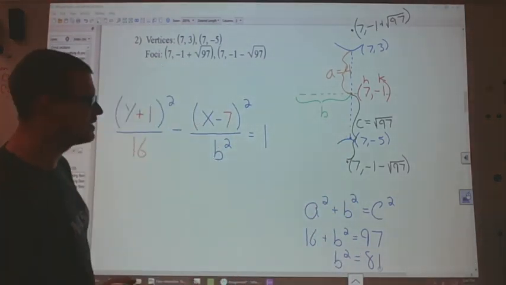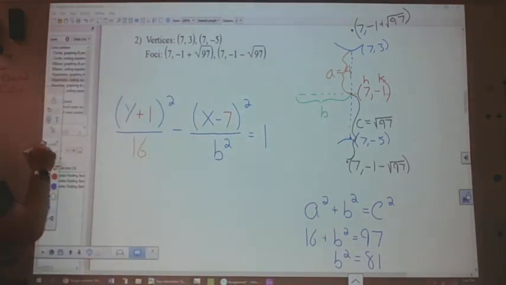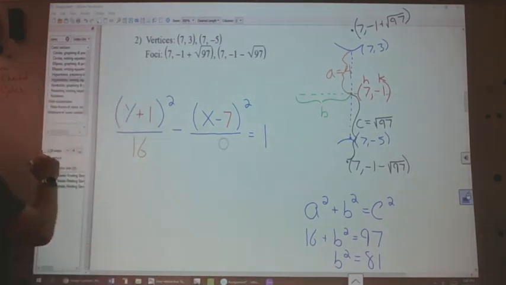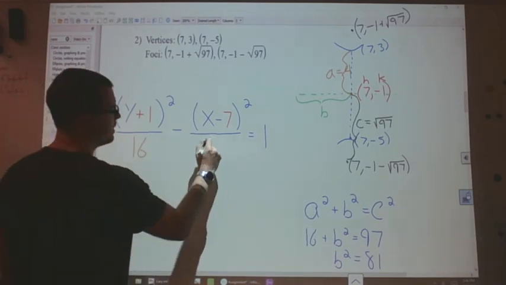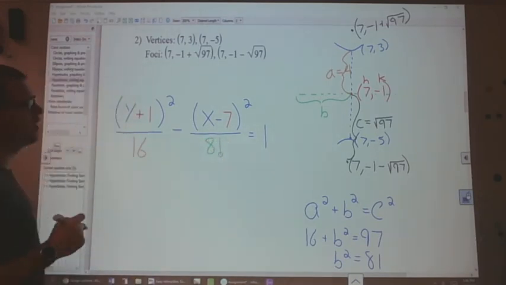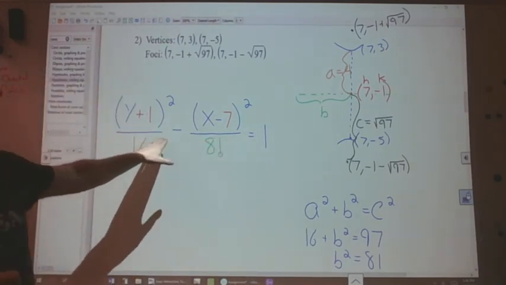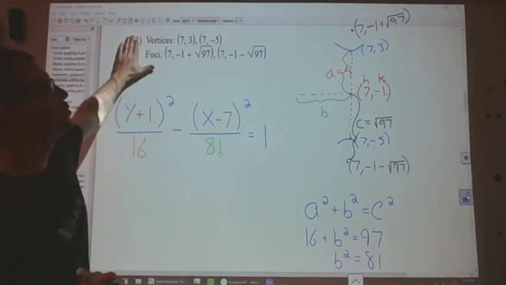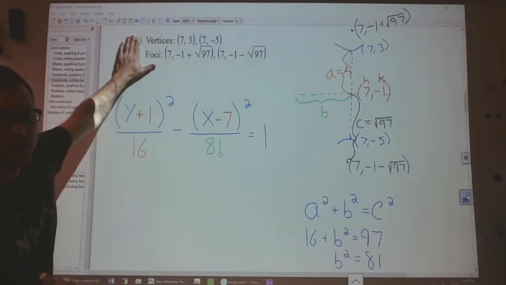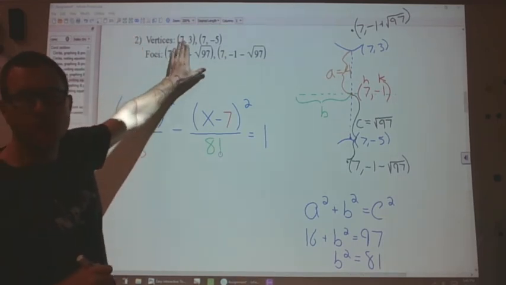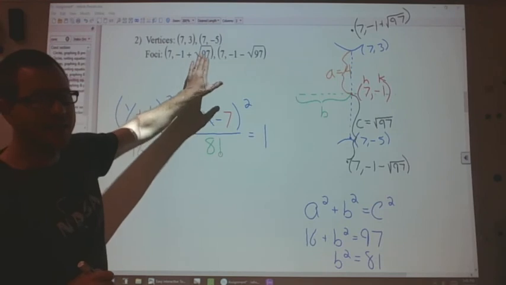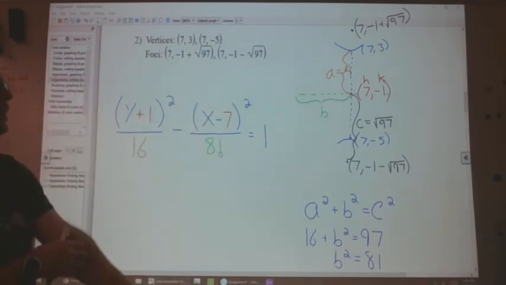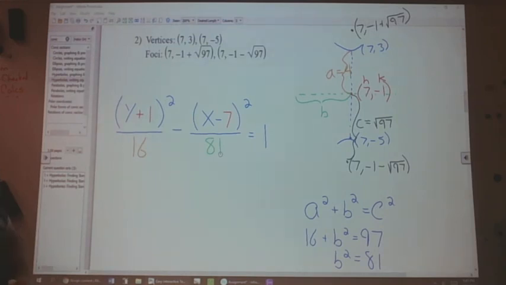That does mean b is 9. But we've got what we came for. That's going to complete my equation. Y plus 1 squared over 16 minus x minus 7 squared over 81 equals 1 is going to create a hyperbola with vertices at these coordinates and foci at these coordinates, which is all we were looking for writing that equation. Okay. All right.